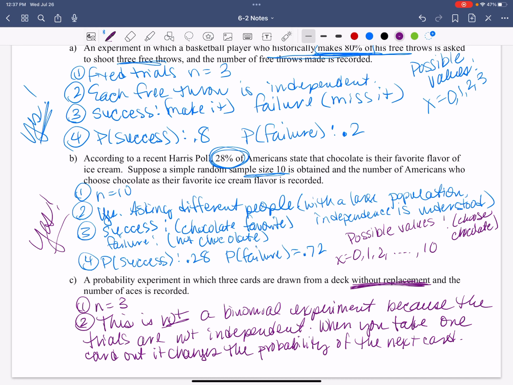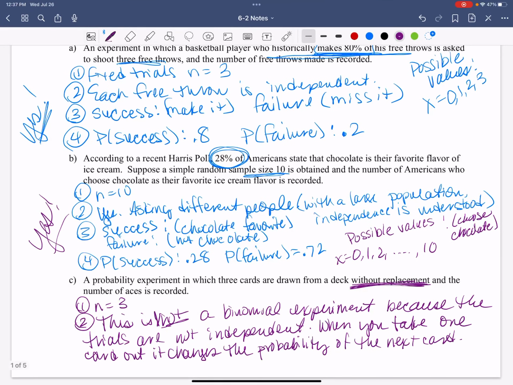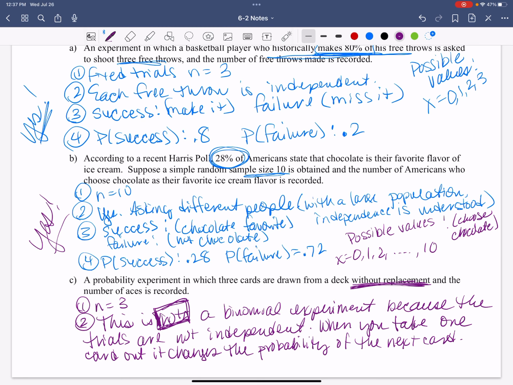So they're not independent and the probability changes. So we have knocked ourselves out on criteria 2 and 4, right? So this is not, ooh, my thing's moving around on me. This is not, that says not. I tried to put a box around it to make it look cool and I failed. Not a binomial experiment. That's better, right? Cool. So we get the criteria at least. That's a good thing.